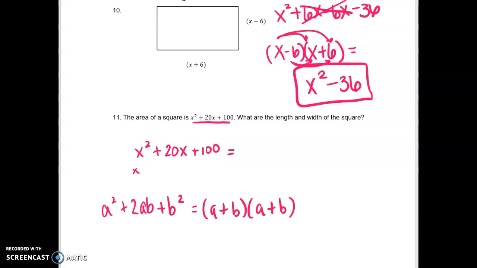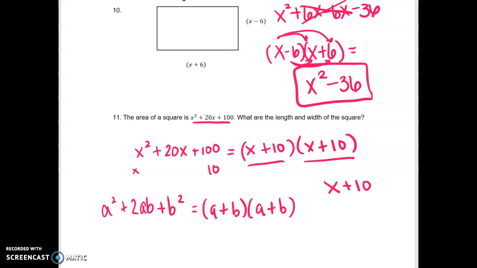Our a would be x, our b would be 10, and then the 2ab would be 2 times x times 10, which is 20x, which is exactly what we have. So we know that this factors into x plus 10, x plus 10. So then these are our dimensions. X plus 10 is the length of each side. So we can call this the length, and that is also the width.